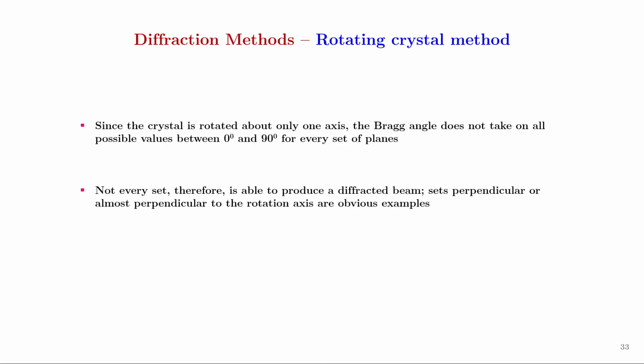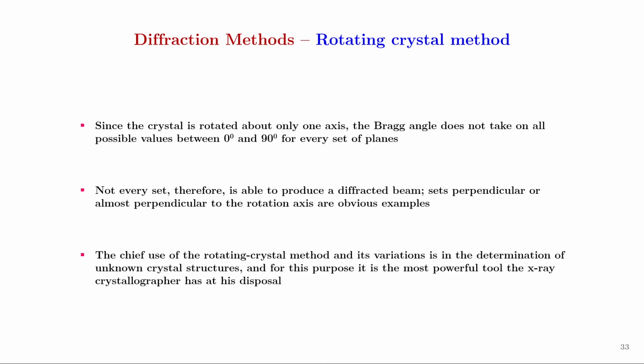Sets perpendicular or almost perpendicular to the rotation axis are obvious examples. The chief use of rotating crystal method and its variation is in the determination of unknown crystal structures, and for this purpose, it is the most powerful tool the X-ray crystallographer has at his disposal.